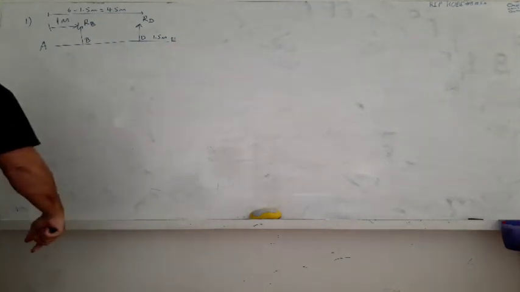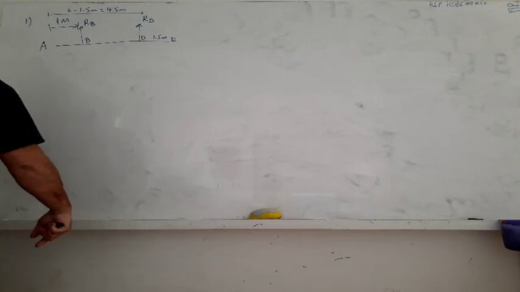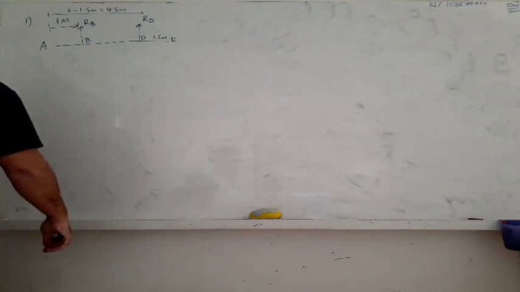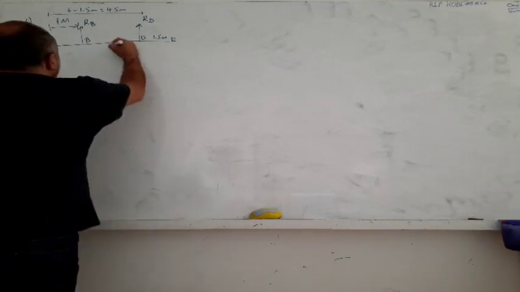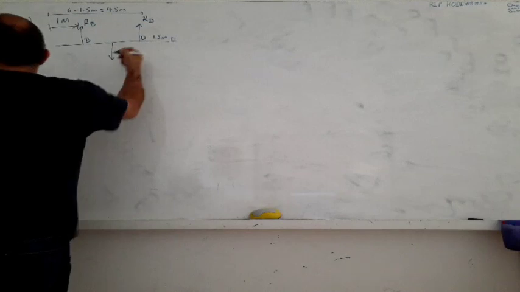And a child of weight 145 newtons stands at C, at the midpoint of AE. So we have a force of a weight of 145 newtons at the midpoint.